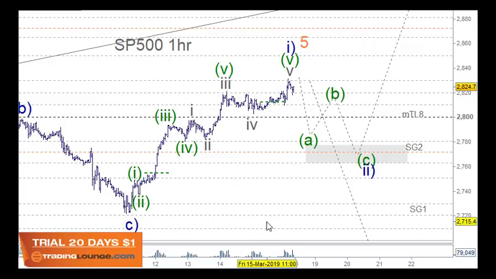The other point is that if we do drift higher from here, then we use the trading levels. This 2,800 here is what we call minor trading level 8. And then from down here, we have 1, 2, and 3, which is group 1. So we can grab that now, and we can put group 1 here, which will also be 1, 2, and 3.